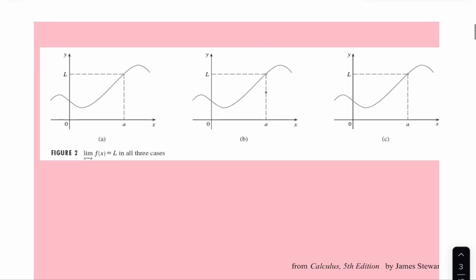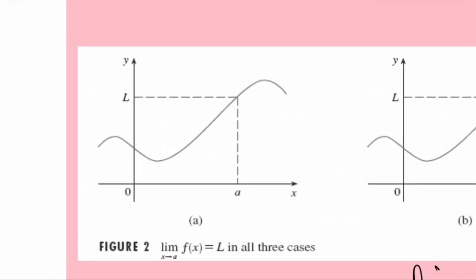If you look at these functions, all of these limits, I'm going to write this a little bigger. It's saying the limit as x approaches a of this function, they are all approaching a height of L. Let me zoom in for you a little bit. This function approaches a height of L from both sides.